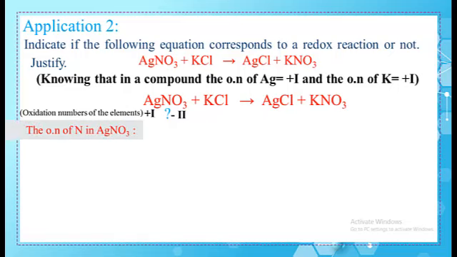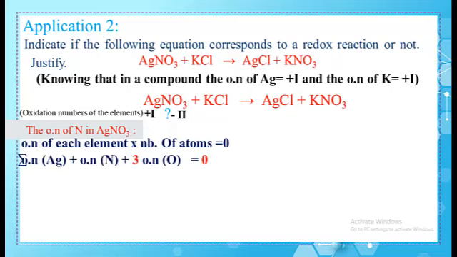The oxidation number of nitrogen in AgNO3 is equal to the summation of each element times the number of atoms equal to 0, because the summation of oxidation number of all the elements constituting a compound is equal to 0. Then the summation of the oxidation number of Ag plus the oxidation number of N plus the oxidation number of O. Here Ag is only one atom, so times 1, N only one atom times also 1. Here oxygen, there are 3 atoms, so times 3, all are equal to 0.